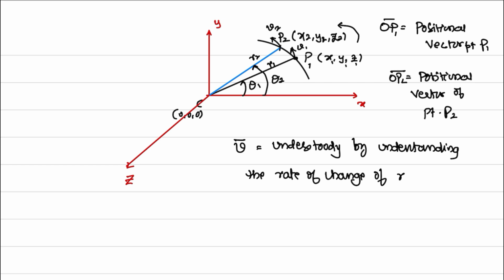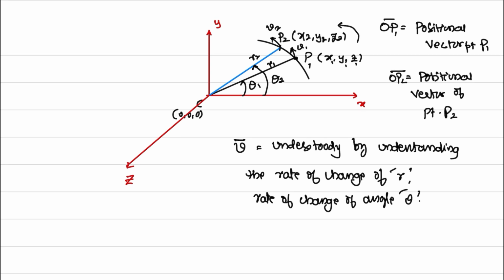Rate of change of R, that radial distance, and also the rate of change of angle theta, because both are changing.